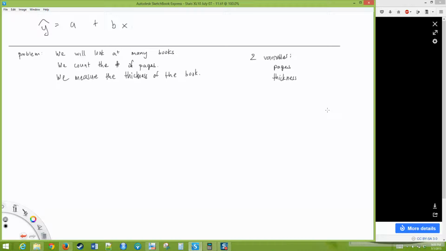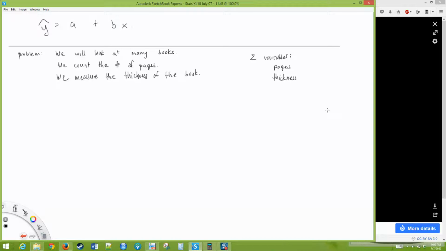So this book has, I don't know, let's say 780 pages. And I ask you, based on that, how thick is the book? The other game we can play is, I grab another book, and I measure how thick it is. Oh, it's 2.6 centimeters thick. How many pages do you think it has?